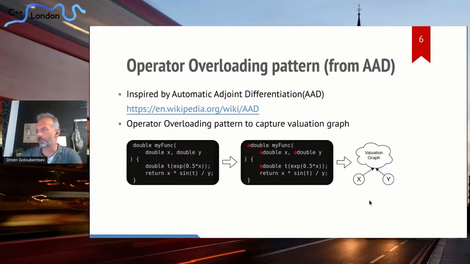The valuation graph gives us the sequence of operations executed by the original user program. And by having this sequence, we can then traverse it backwards and compute all the derivatives, but we'll talk about that later. So the main point here is that we use operator overloading to extract the sequence of operations implemented by the user program.